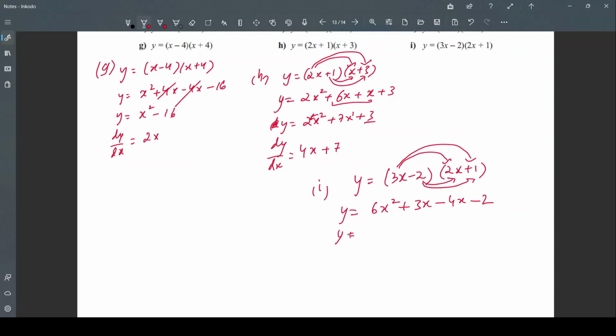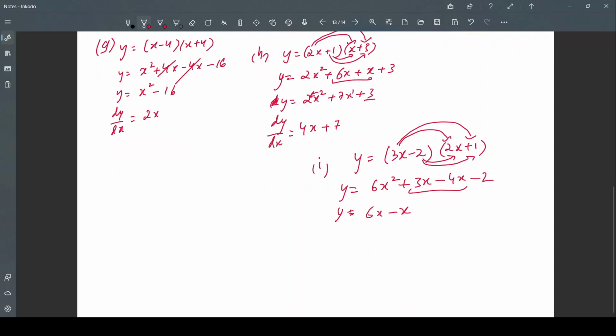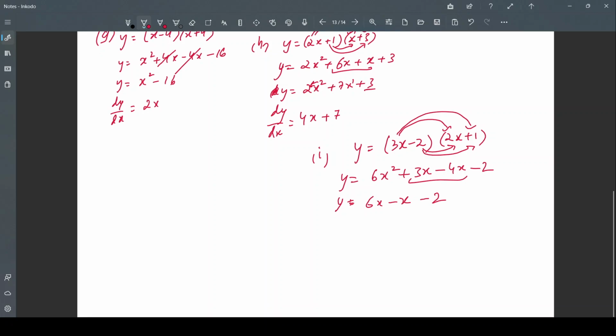We'll simplify further because we have like terms. So 3x minus 4x is minus x, giving 6x square minus x minus 2.